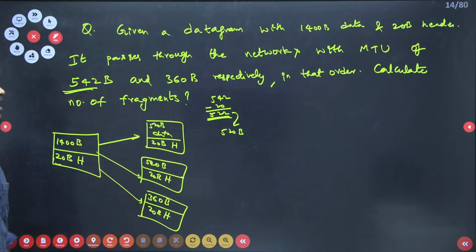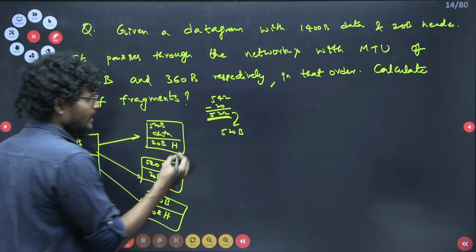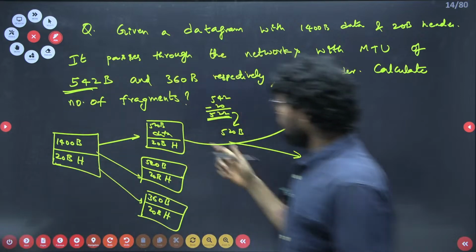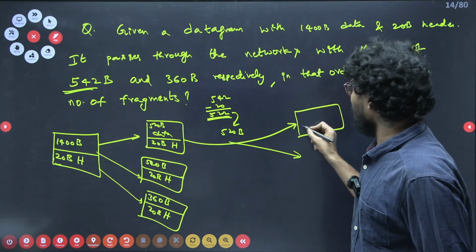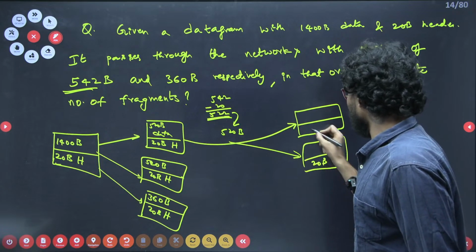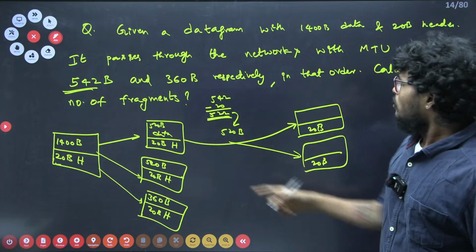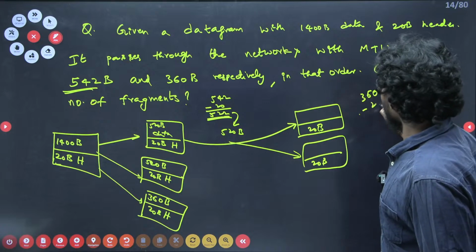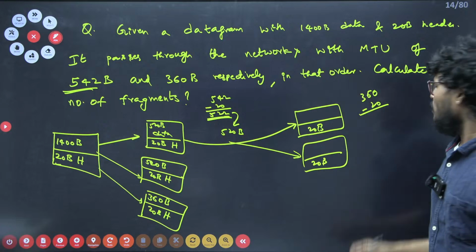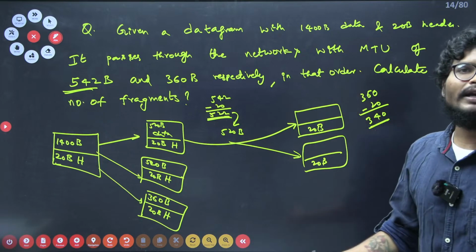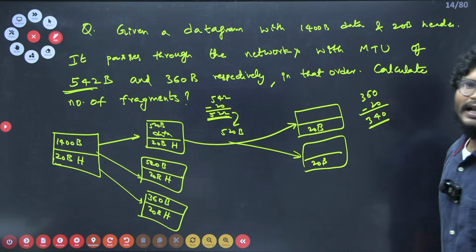Right? So this is how fragmentation happens when we enter a network with MTU 542. These fragments are further entering the network with 360 bytes MTU. Therefore, we do the same step again. So this packet here gets fragmented further. So we will still copy the 20 byte header as it is. So here 360 is the MTU. So if you subtract the 20 bytes header, we will get 340. Maximum we can store up to 340 bytes provided this 340 is a multiple of 8.